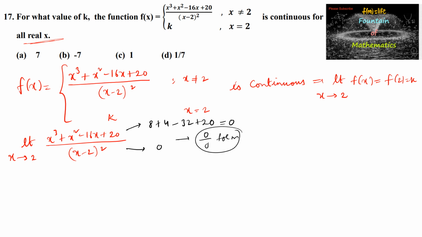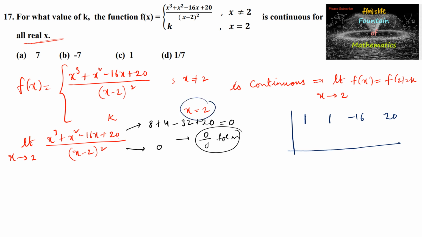Since x equal to 2 satisfies the numerator, we can conclude that x minus 2 is a factor of the numerator. So let us use the synthetic division method to simplify it. Taking the coefficients, x power 3 coefficient is 1, x square coefficient is 1, x coefficient is minus 16 and the constant term is 20.